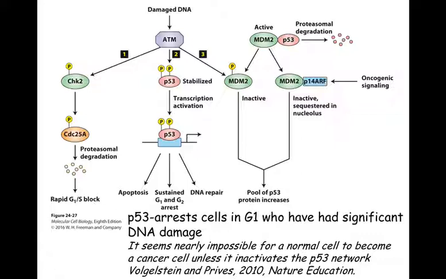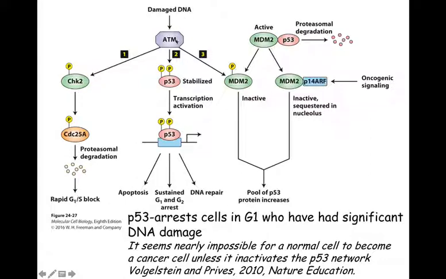So you don't leave G1, or you stay in G1, and you're prevented from entering S. These are proteins that would be needed to progress out of G1 and S. They get degraded rapidly, and so you stay in G1 and you're not allowed to enter S. So that's one mechanism by which ATM can keep things in G1.